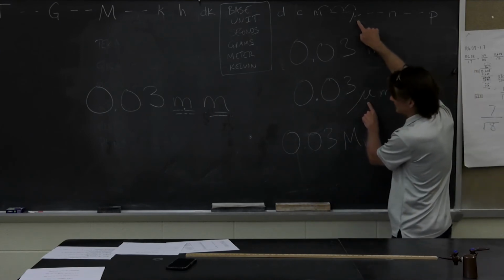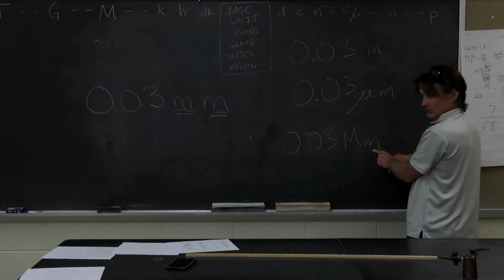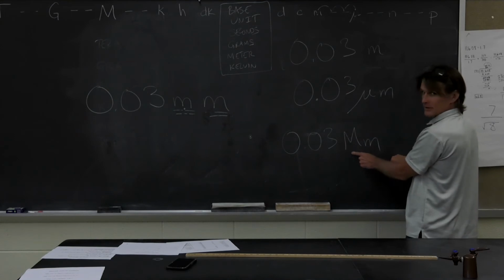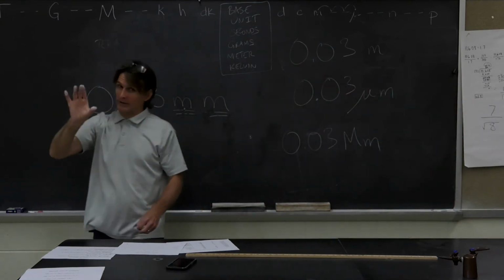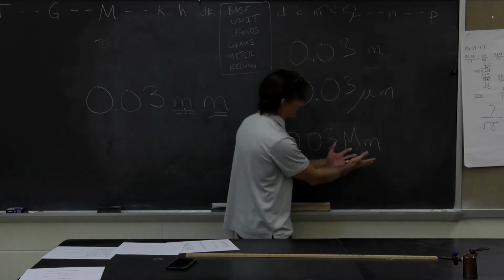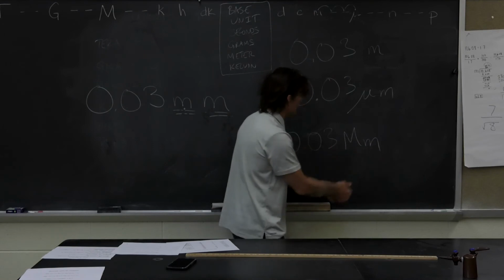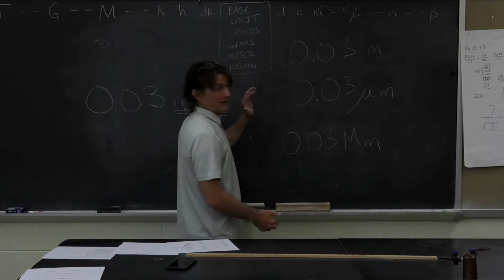I'd start right here. Where would I put this on the chart? I'm dealing with a meter. This is mega, so I'm going to start here. I'm pointing this out because I sometimes see students make the mistake that they'll see, oh, there's an M, that's a meter, and then they start here, and then they mess up.